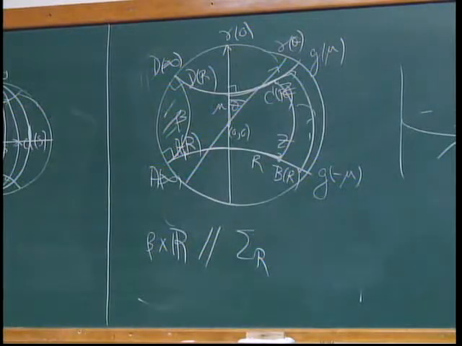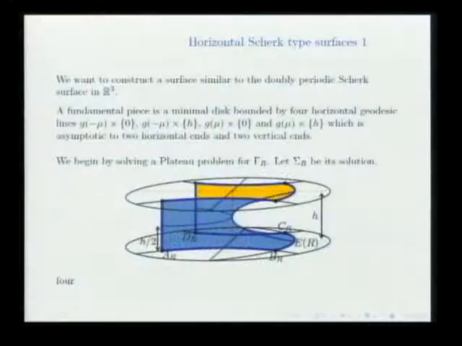Well, amazingly enough, we construct a minimal barrier here. I won't give the details. That is a minimal surface that comes in like this. This depends on the fact that h is bigger than pi. To make this construction, we need h bigger than pi. So if h is bigger than pi, one can put a minimal barrier here.